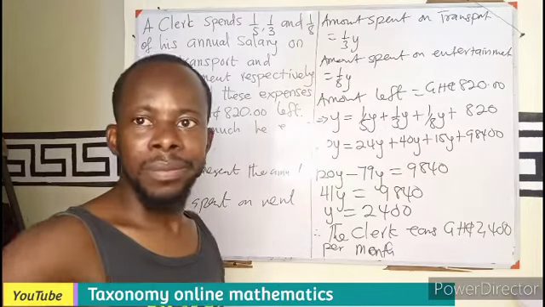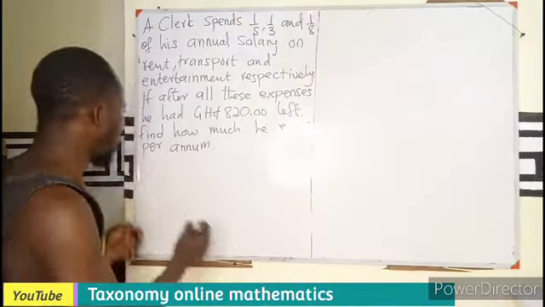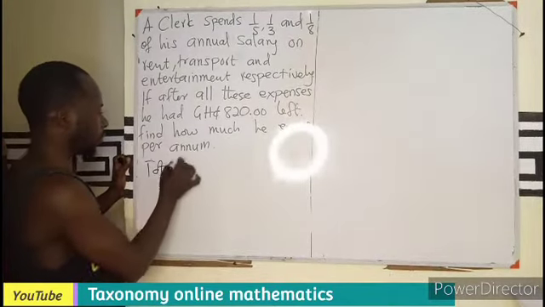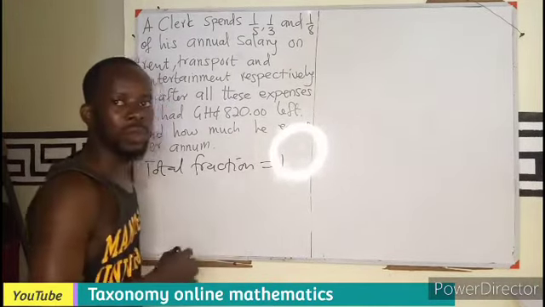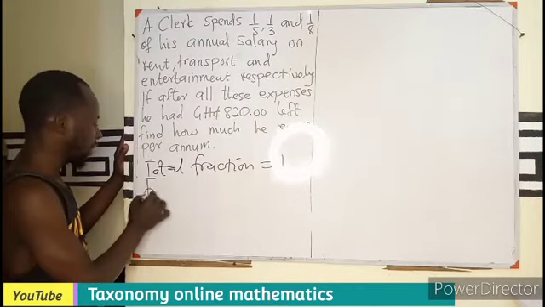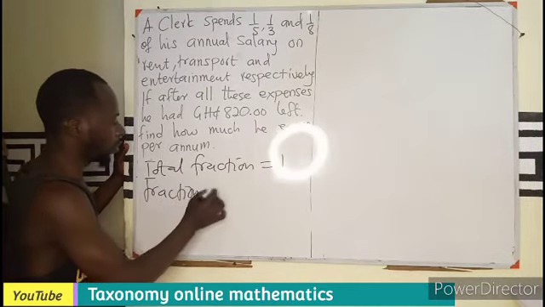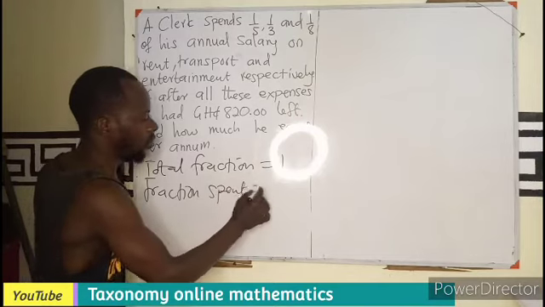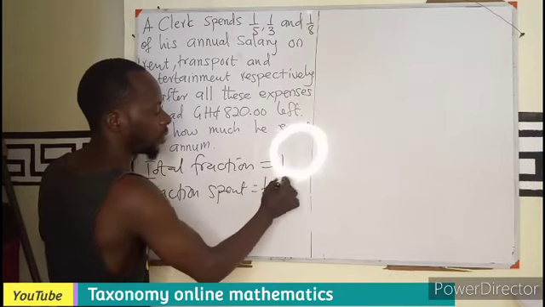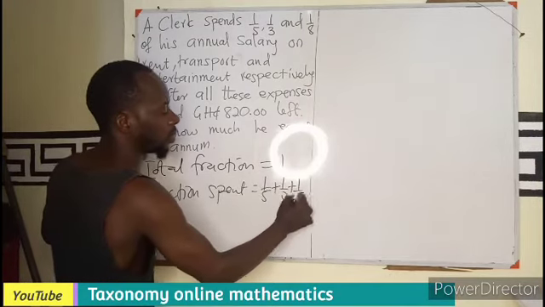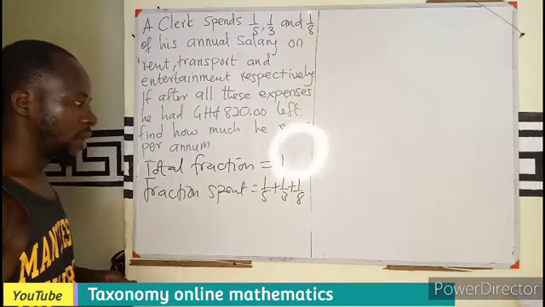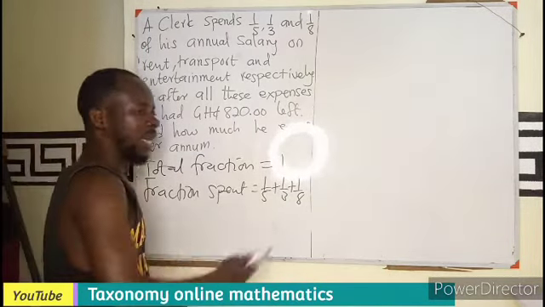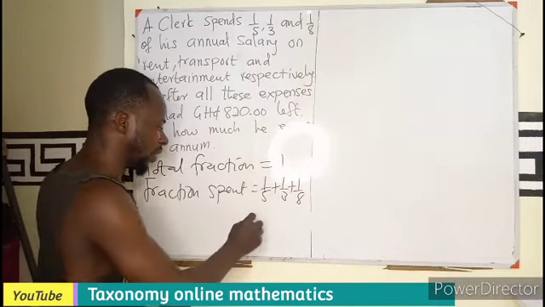Let's try that. So total fraction is equal to 1. So fraction spent is going to be 1 on 5, 1 on 3, 1 on 8. So we add this, looking for the LCM. You know the LCM will be 120.